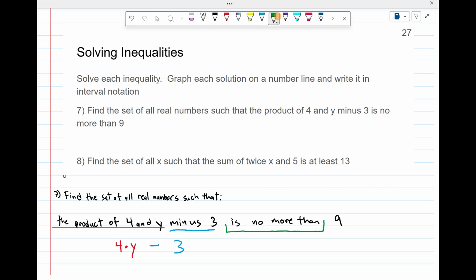You can either be more than something, you can be less than something, or you can be equal to something. So if it's not more, that means it's either less than or equal to. Pause for a second and make sure that makes sense to you. No more than means, well, it could be equal. That wouldn't be more. It could also be less than. That would not be more.